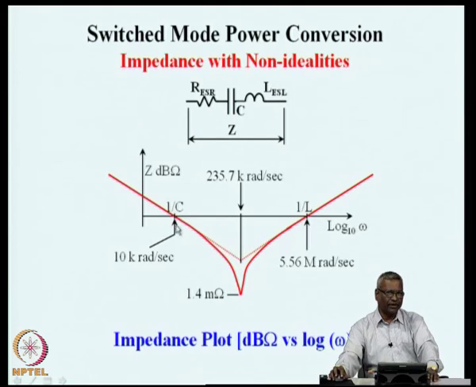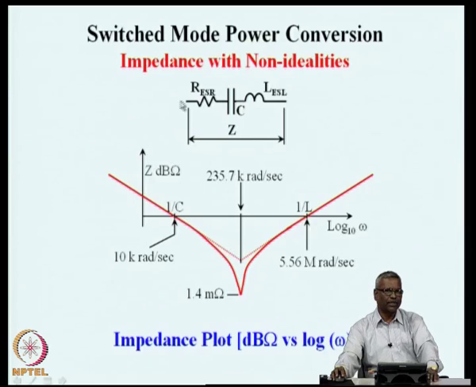And in between, 1 by root LC, which is the natural frequency 235.7 kiloradian per second, which is the resonant frequency of this capacitance, is when the circuit resonates and the impedance becomes minimum. The inductive reactance and the capacitive reactance cancel each other, and the terminal impedance is just RESR, which is 1.4 milliohm.